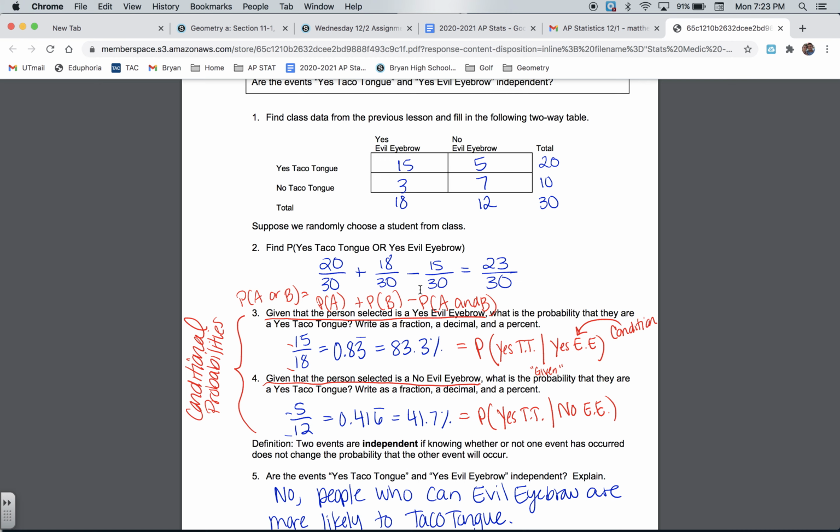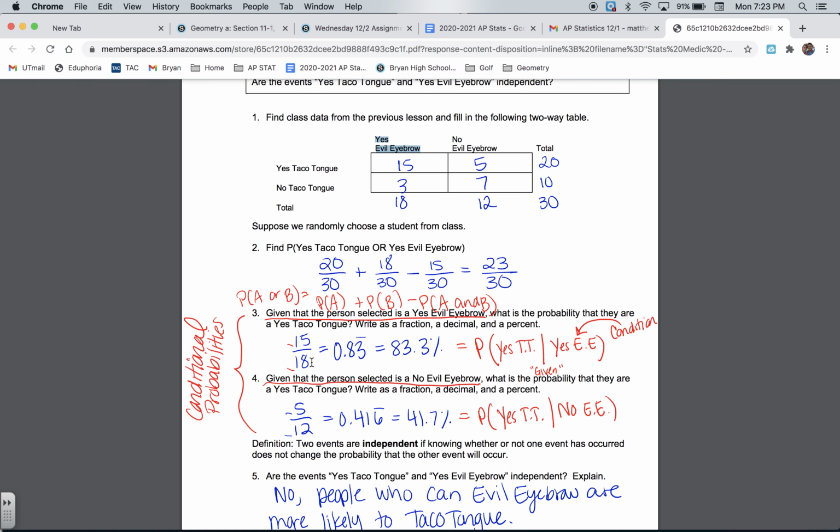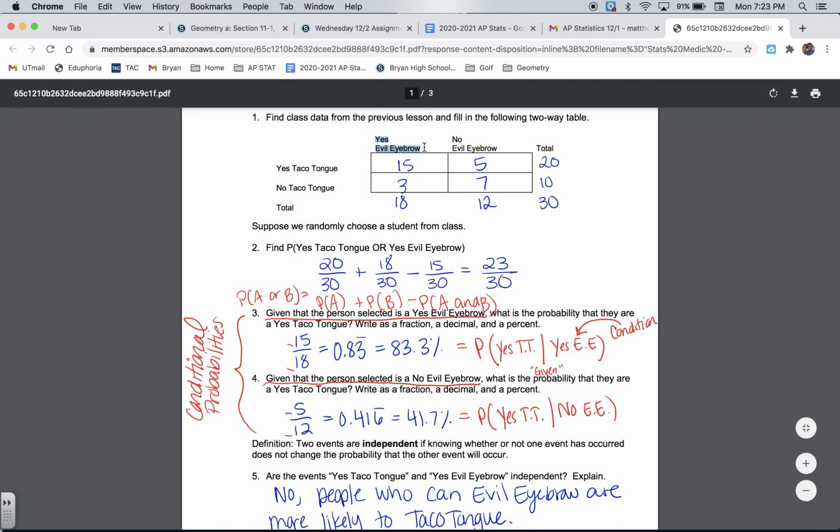So the given evil eyebrow is only in this evil eyebrow universe, only in this little column here of 18 people. How many of those, what's the probability of those people that they were yes taco tongue? So it was 15 out of 18. It's conditional because the condition is we only care about these yes evil eyebrow people. So 15 out of 18, 83%.